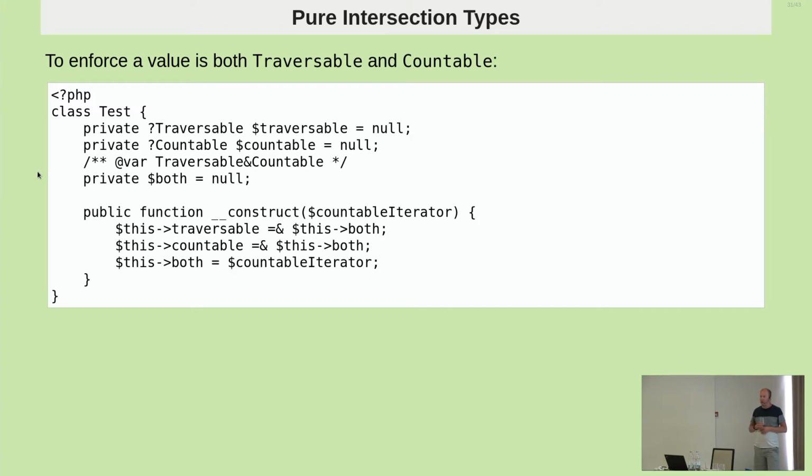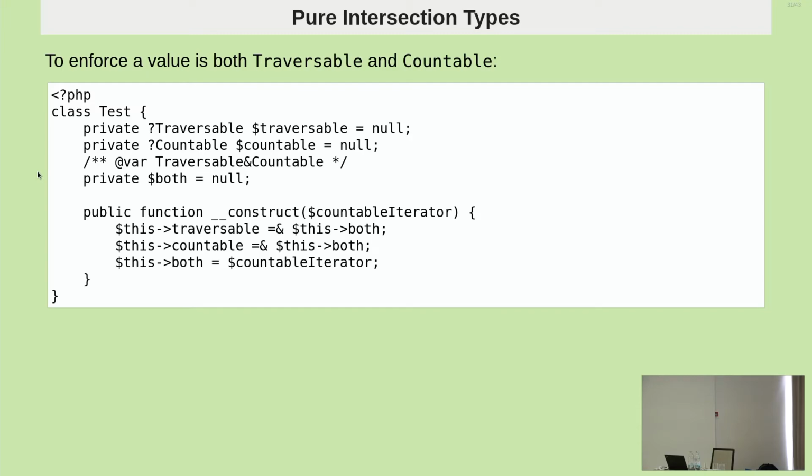You see what I'm trying to do here, right? So I have two private properties. They are called traversable and countable. They're both nullable and defined as null. And I have a private both, also defined as null. And then in my constructor, what I'm doing is setting this traversable to a reference to both. And the same thing with countable.